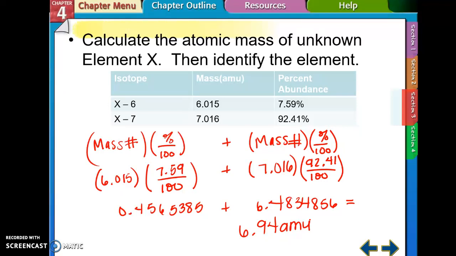So when I look at the periodic table, I'm looking for an element that has a mass of 6.94 AMUs. And so identifying the element, this is lithium. So if you notice, there's going to be a lot more lithium-7 than there is lithium-6 based on the percentages. That makes sense. So that is how you calculate the average atomic mass.